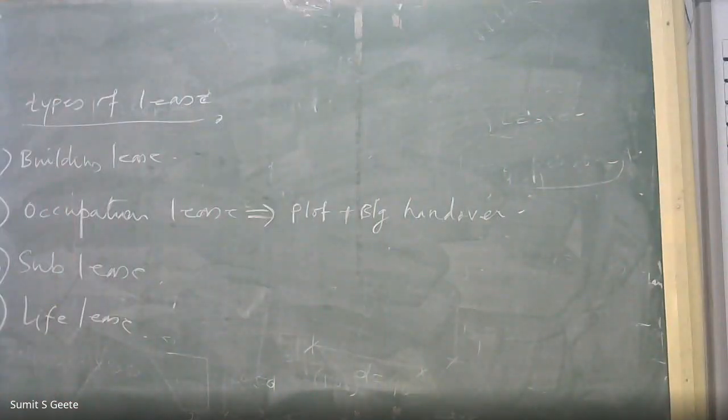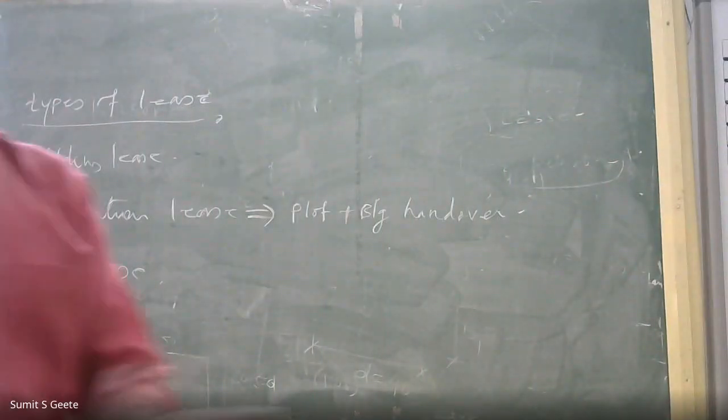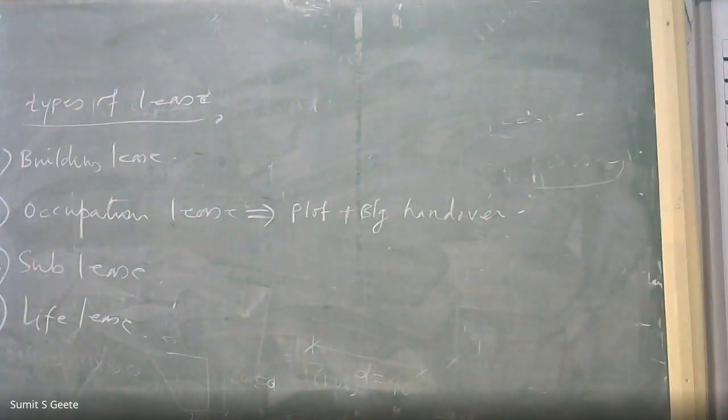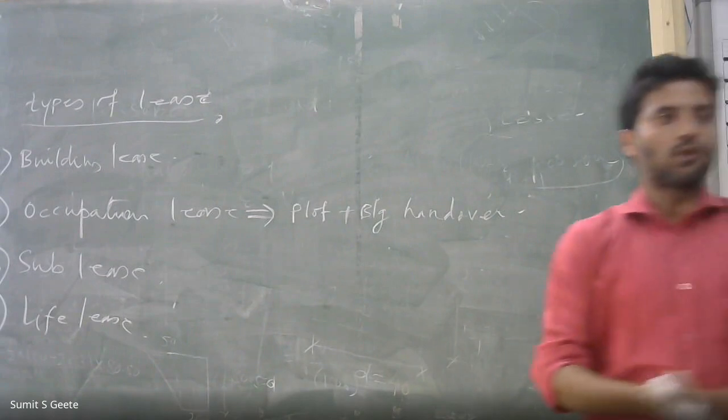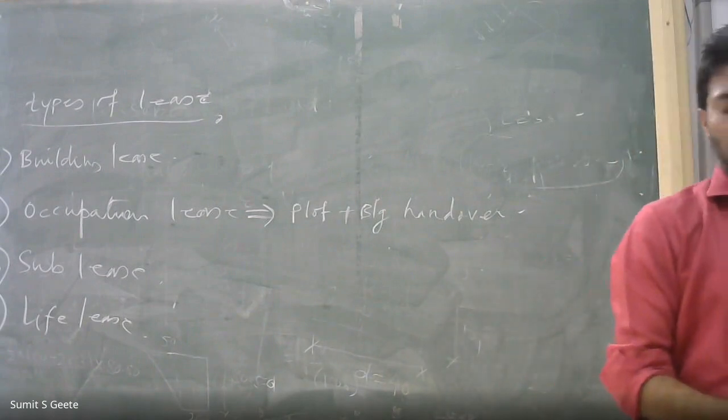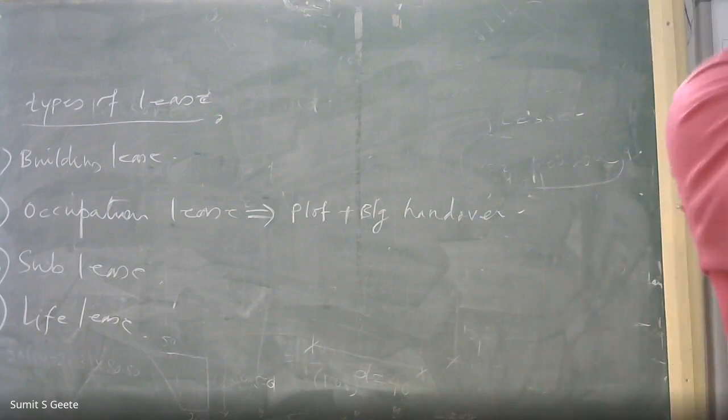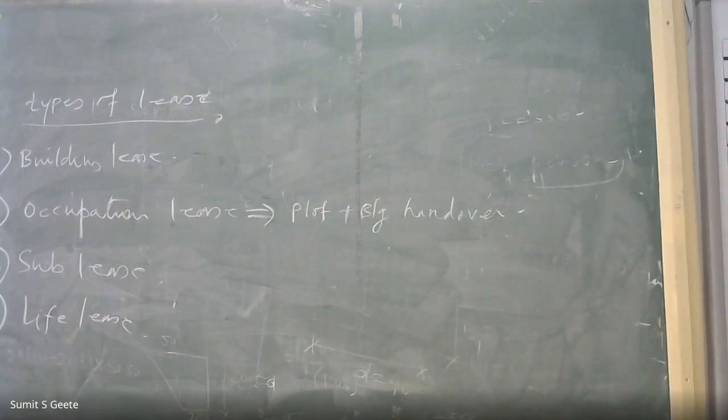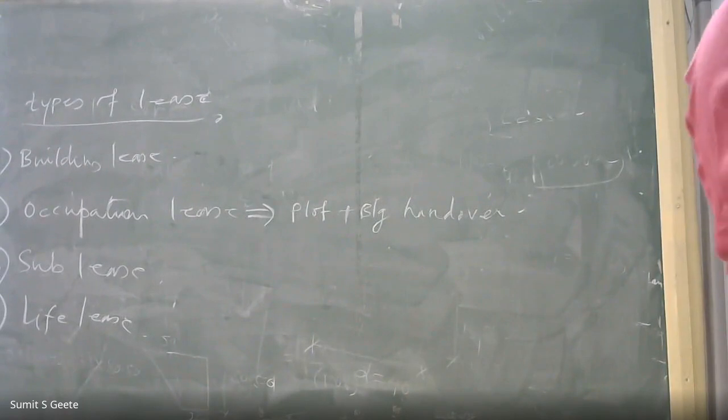Now the next one is freehold property. Last one. Generally we are asked to differentiate between leasehold property and freehold property. In the case of freehold property, that property does not fall under any government agency.